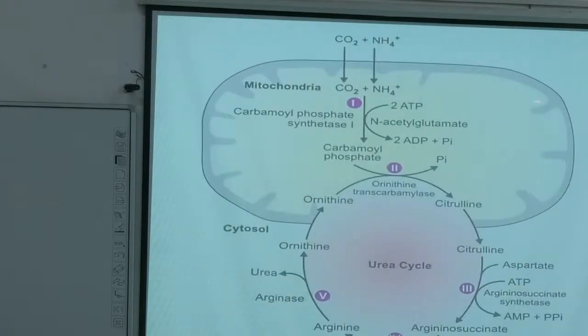I already told you that two main steps proceed in mitochondria and the other steps proceed in cytoplasm. You will see the reactions: argininosuccinate, arginase, urea, ornithine, all of this proceeds in cytosol. And this fumarate goes directly to the citric acid cycle. That's it, TCA.